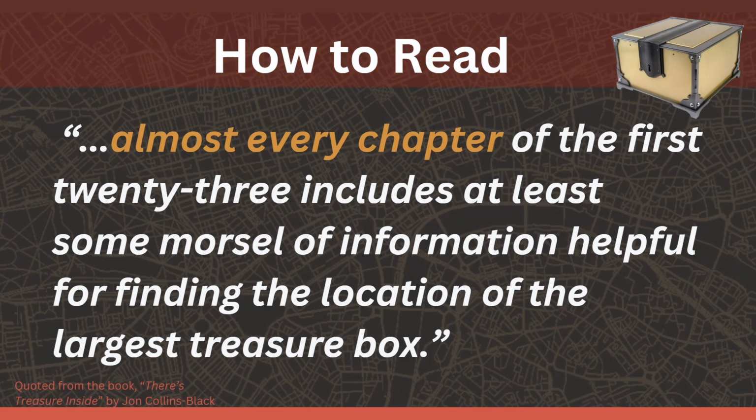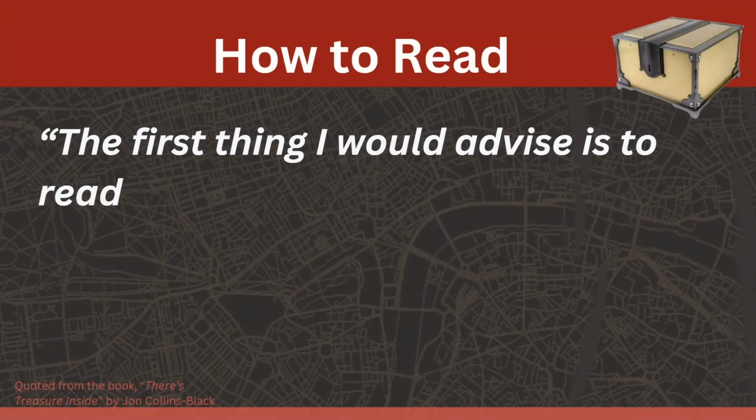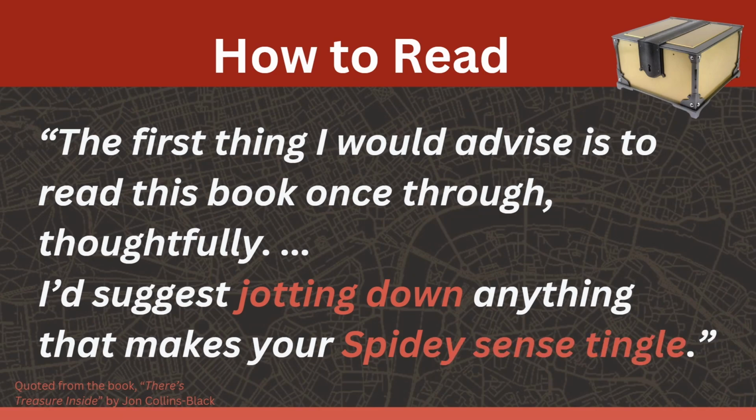Another part that jumped out to me in the how to read section was when Jon said the first thing I would advise is to read through it thoughtfully. Then I'd suggest jotting down anything that makes your spidey sense tingle. To me, that's interesting that perhaps there's some sort of clue or way that he writes that's there.